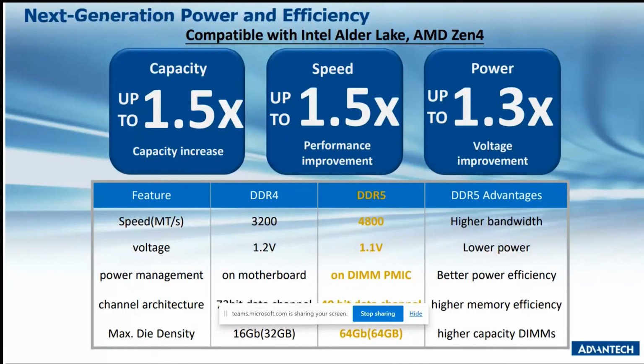Apparently, DDR5 has more advantages compared to DDR4 in terms of speed, low power voltage, and better power management. The physical design for DDR5 comes with higher memory efficiency and higher die density, where the cells allow higher capacity to store more data on the DRAM.